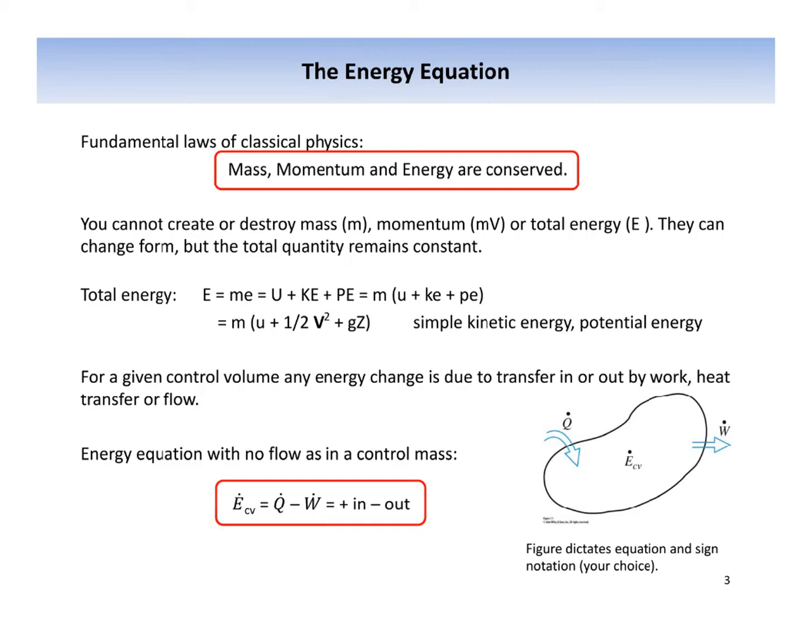So we consider heat transfer to the system as positive, and work done on the system as positive. Heat transfer from the system to the surroundings is negative, and work done by the system on the surroundings is negative.